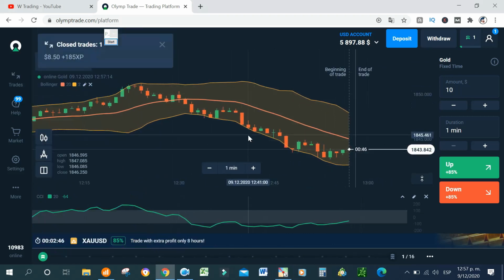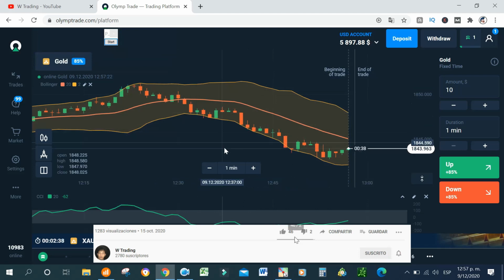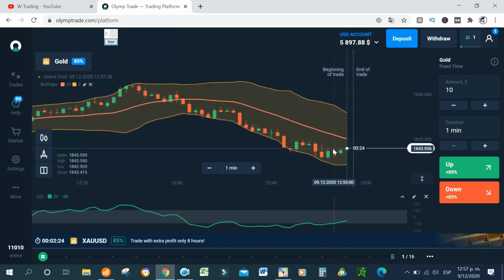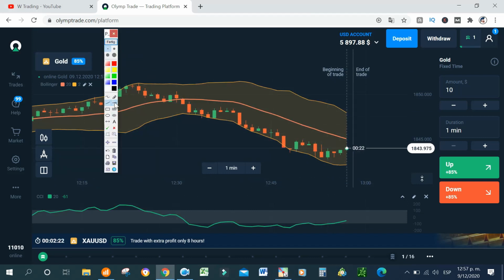So maybe you understand everything that I'm explaining, every detail, because it's very simple to follow this strategy. As I told you, the key point here is to be patient. At this level, I don't make any other entry because I already made the 2 or 3 entries that I should make when the price touches these lower Bollinger Bands.